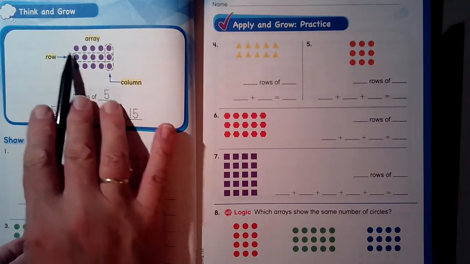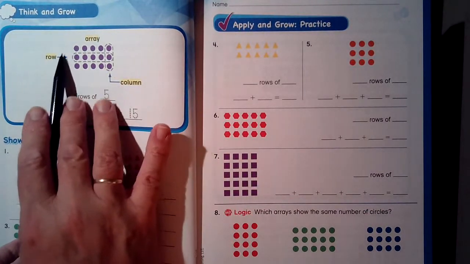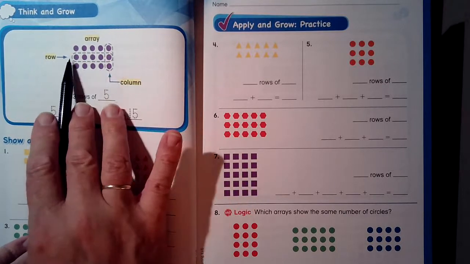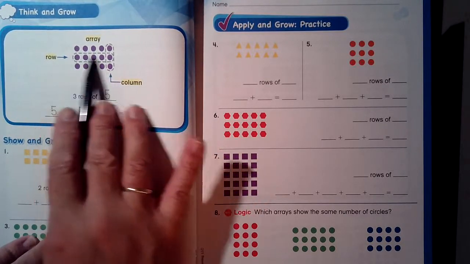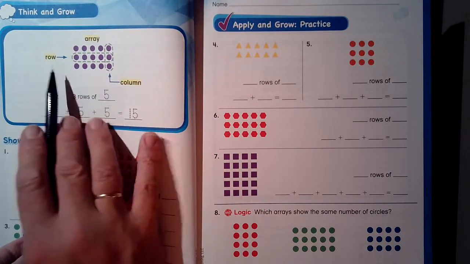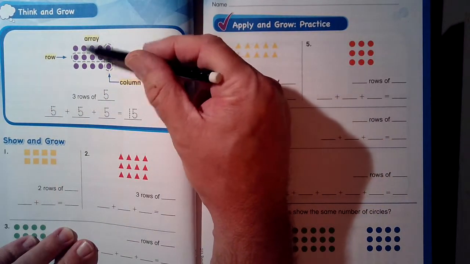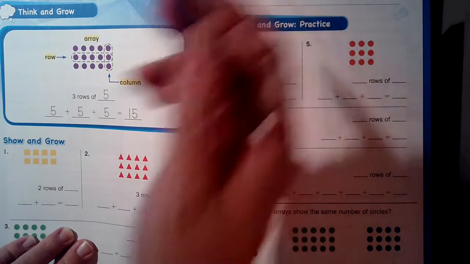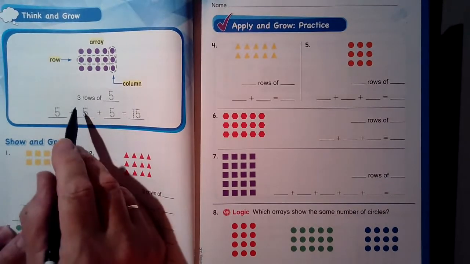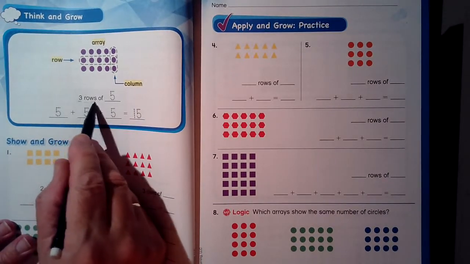Look at these arrays. All of the rows, they go side to side, have the same number. All of the columns have the same number. Now, this one is saying 3 rows.